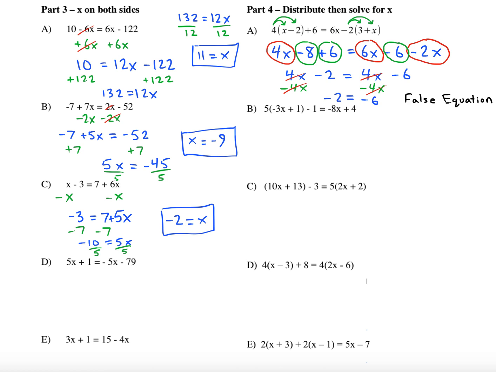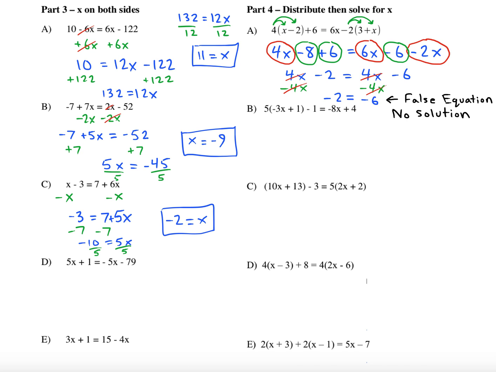What this reveals when you get a false equation like that is that there's no solution to the equation. No matter what value you put in for x, it's never going to make the equation true. Okay, so that's the interpretation of a false equation.